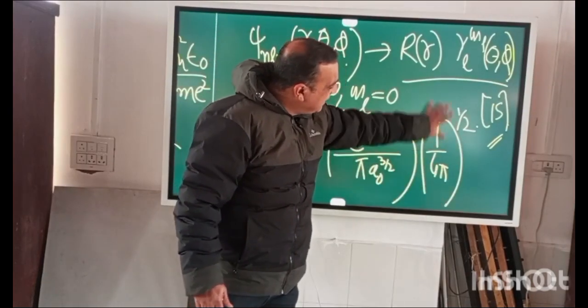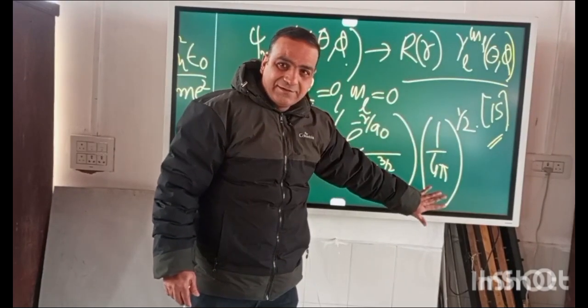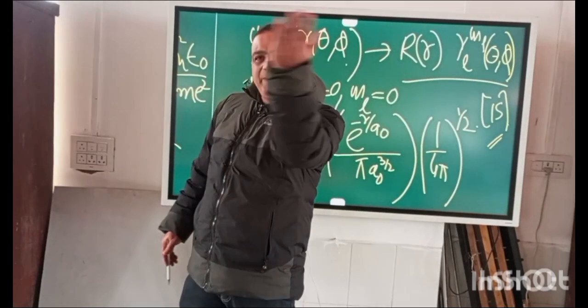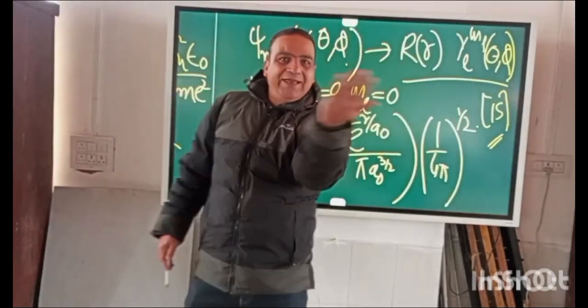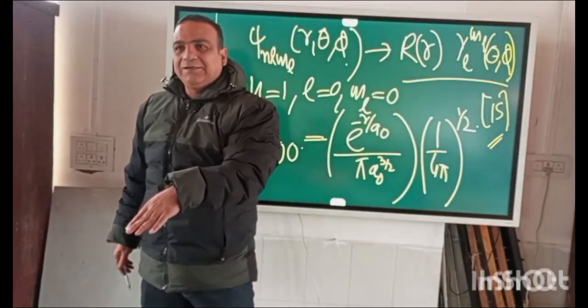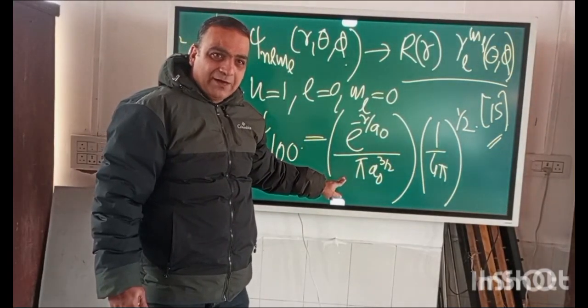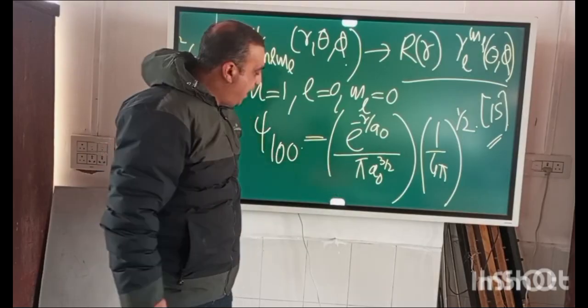We can see that this part is purely a constant. So wherever the electron is with respect to theta, wherever the electron is with respect to the phi, it doesn't matter, because it is a constant, right? So what is changing here is the radial part.